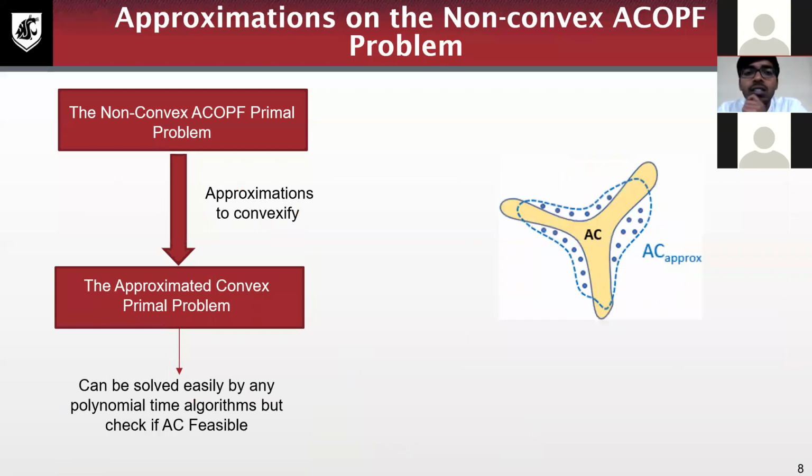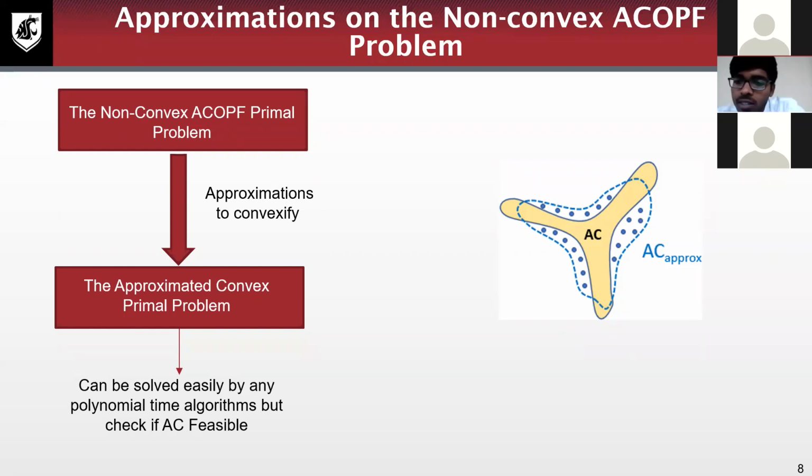The next thing that researchers look into are approximations. What approximations mean is that, suppose we have the same original AC space. As you know, the power flow equations in the original ACOPF problem are non-linear, right? So you use some kind of approximation, for example the DC approximation, where we linearize the whole power system equations around a certain operating point. Using different types of approximations, we are making the original non-linear, non-convex power flow equations into a set of convex equations.